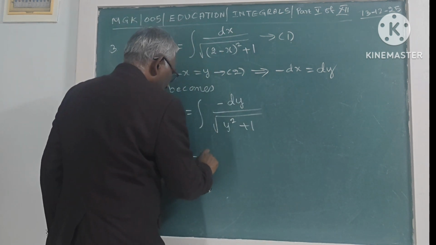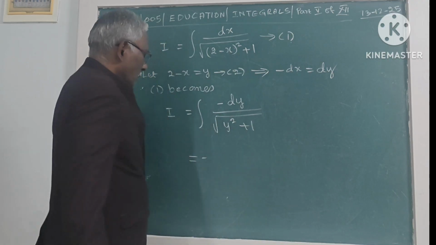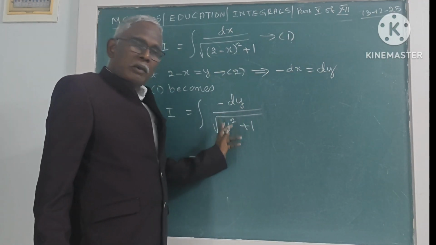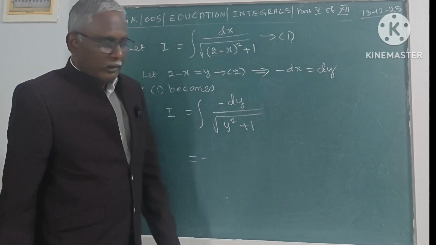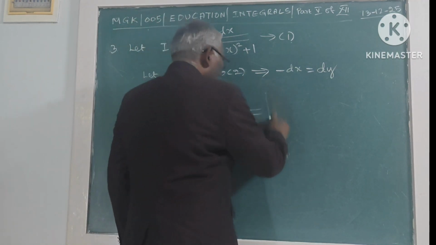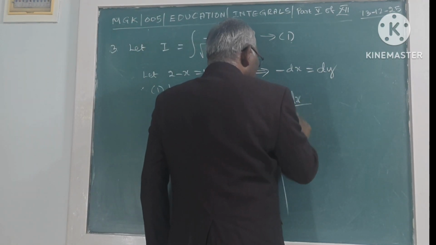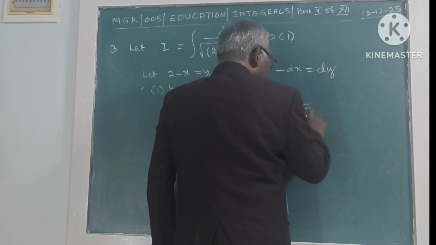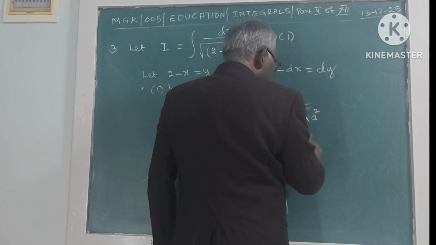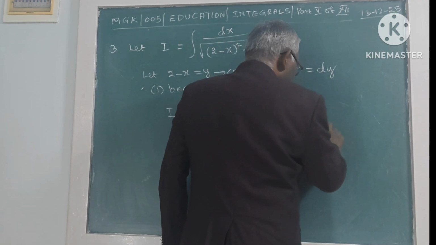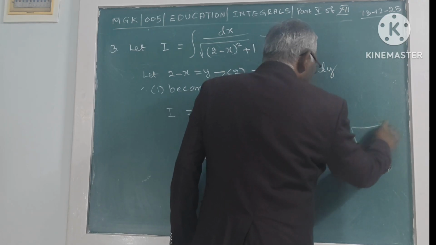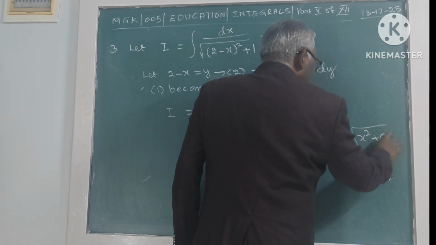We'll take the minus sign outside. Then this becomes integral dx by square root of x square plus a square form. So what is integral dx by square root of x square plus a square? This is nothing but log of x plus square root of x square plus a square plus constant.